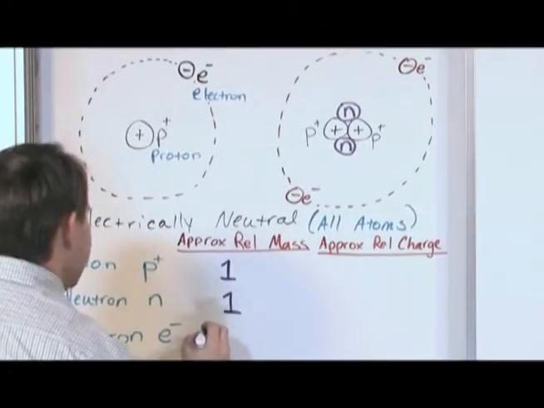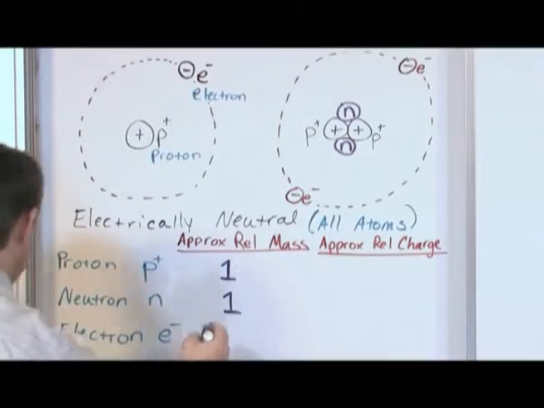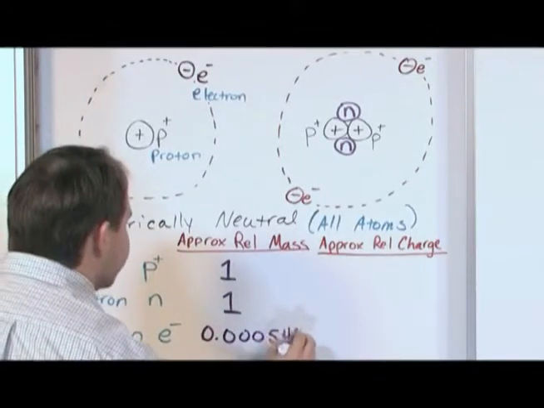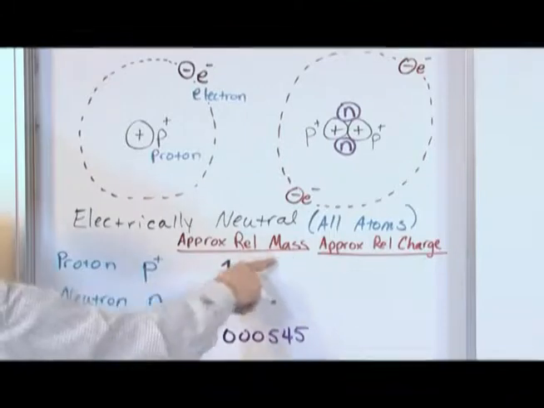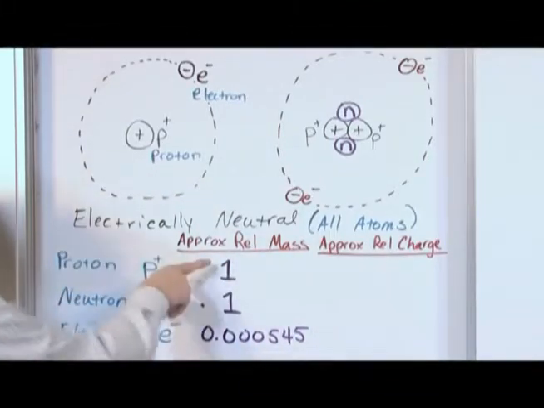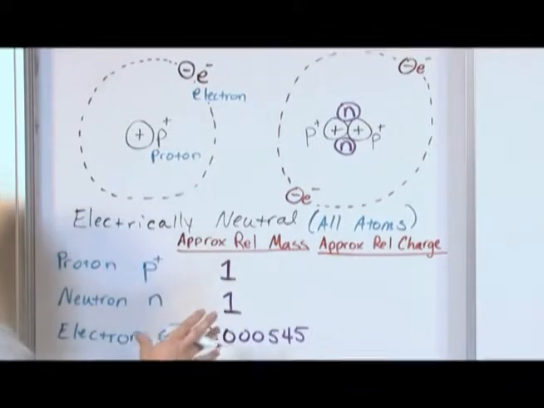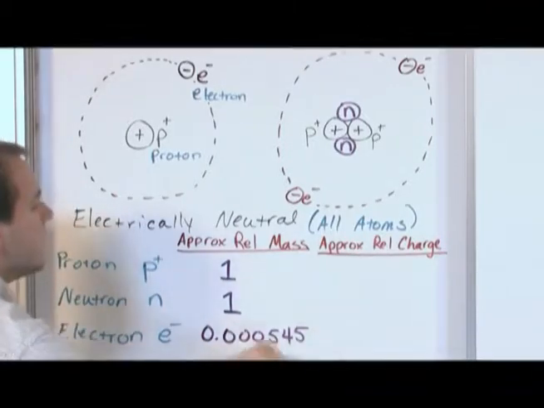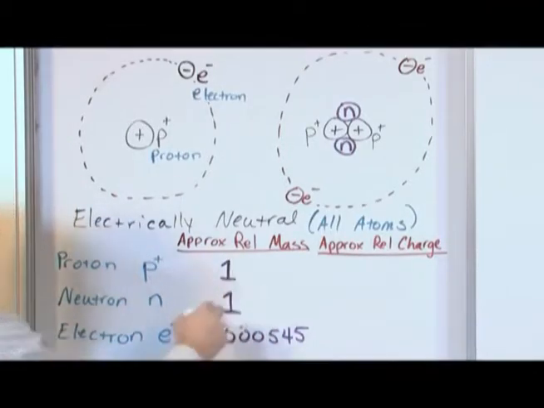So an electron has a relative mass on this scale of 0.000545. Relative to what? Relative to a proton. An electron is going to have a mass much, much smaller than a proton or a neutron.